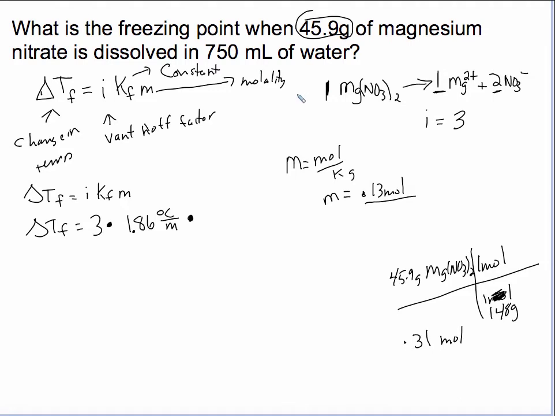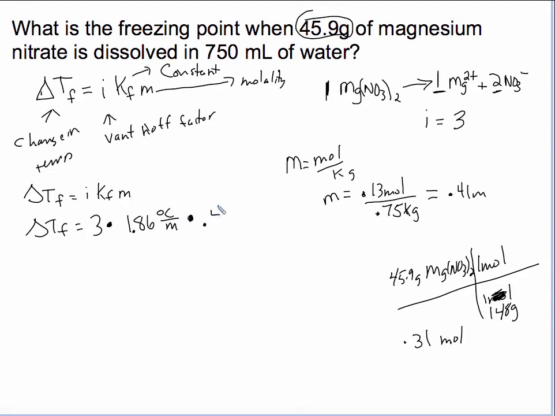Then I have to divide that by the kilograms. Here we have 750 milliliters. If you remember, we just move the decimal 3 spots, so we get 0.75 kilograms. If we do the math there, the molality is equal to 0.41 little m.